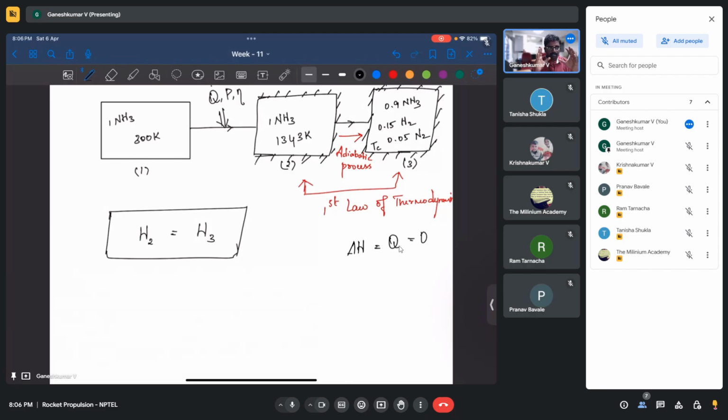So to state this mathematically, you are applying the first law of thermodynamics at constant pressure. Of course, chamber pressure is constant, and then you have enthalpy at state 2 equal to enthalpy at state 3. So there is no loss in energy in terms of the system, but within the NH3, H2 and N2, there have been energy interactions. That is what you found in the previous question. Is that clear, or are you confused?